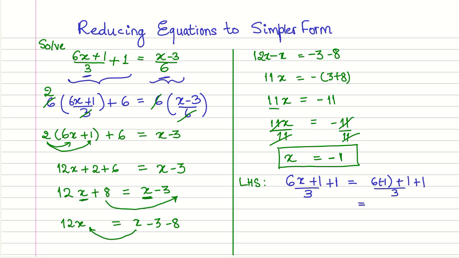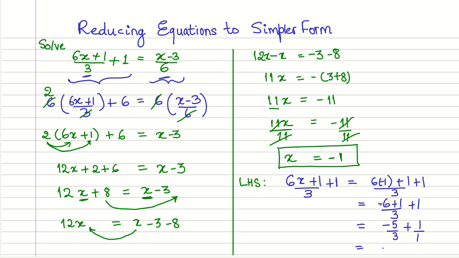Solving this further, 6 times -1 is -6, plus 1 gives -5, so we have -5/3 + 1. We can write this as 1/1, and the LCM of 1 and 3 is 3.